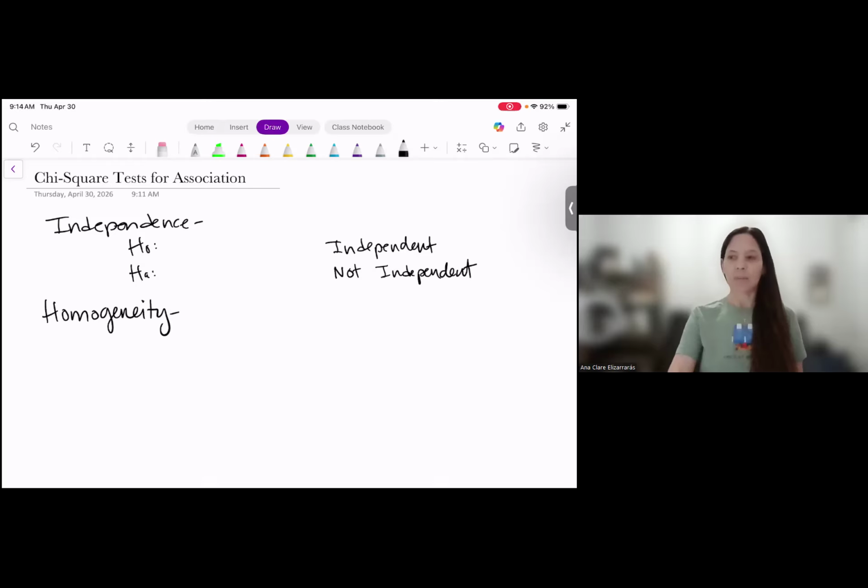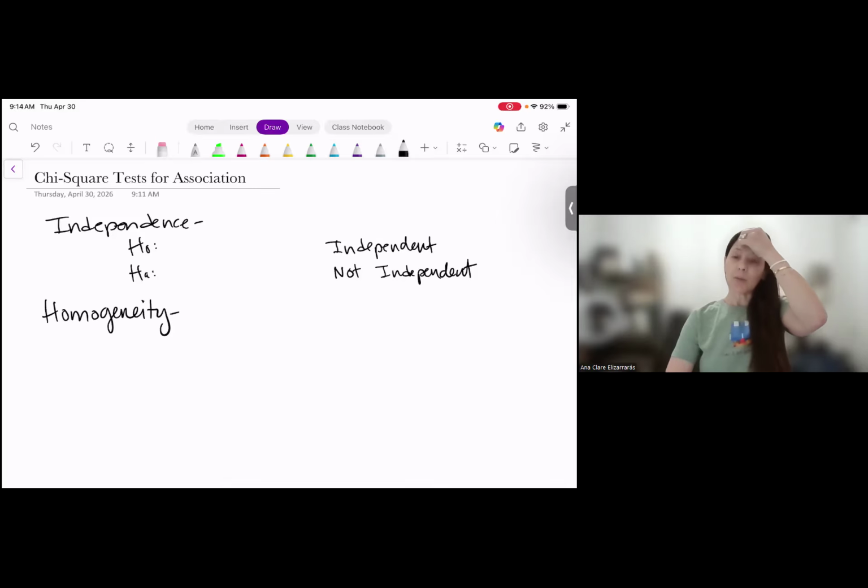We say that the two items that we're talking about, like salary and work experience, are independent or not independent. Hours that you work and the type of volunteer that you are, independent or not independent. But these are always written in words. And again, you have a two-way table for these two.